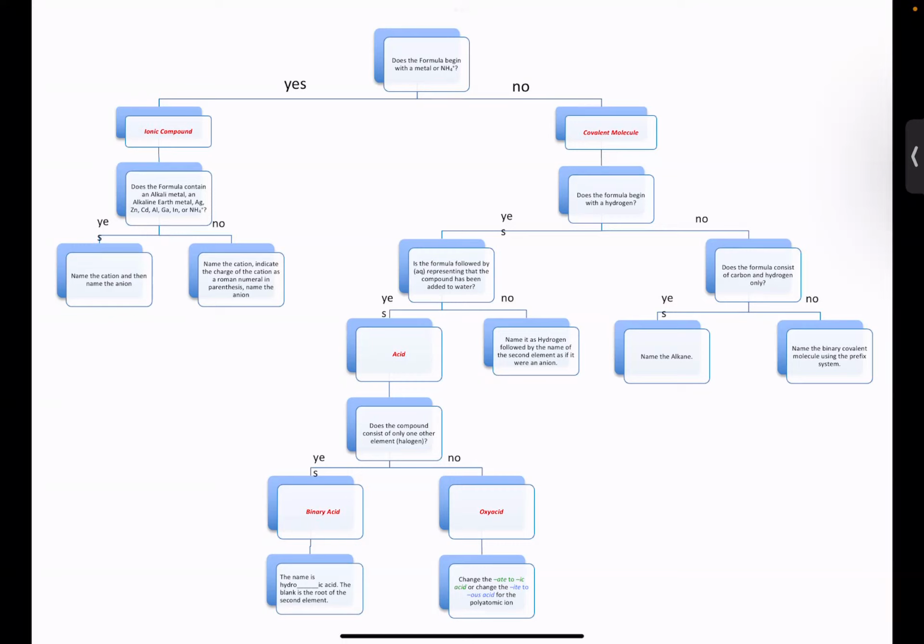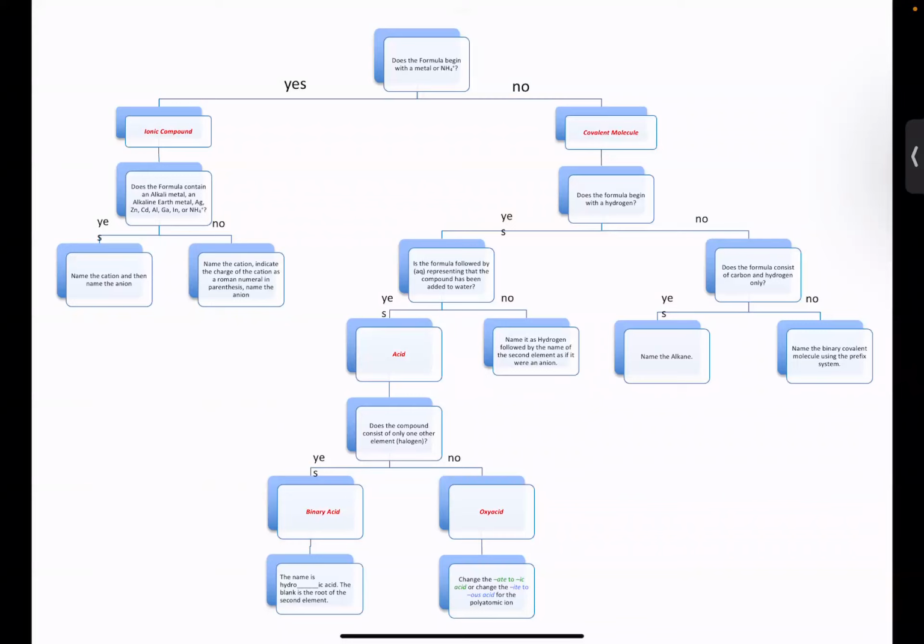If it doesn't end in aqueous, then you name the hydrogen, you name the second element. But if it does end in aqueous, then that means you have an acid. And so there's another question. Is it binary, or is the other part an element or a polyatomic ion? And that helps you sort.